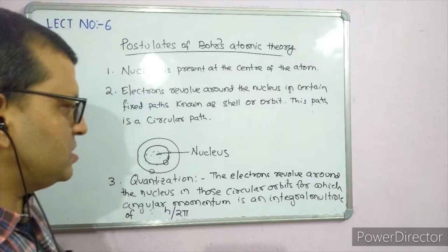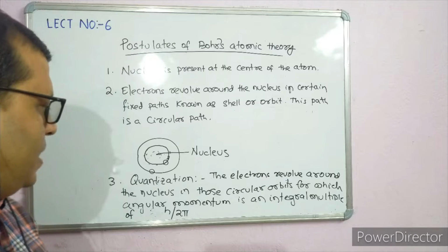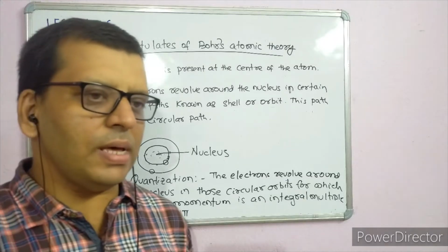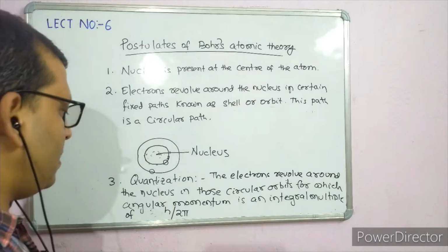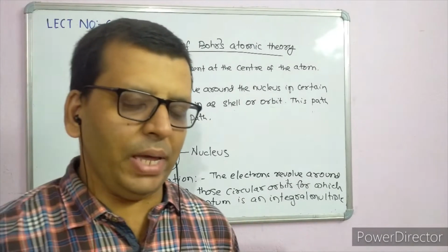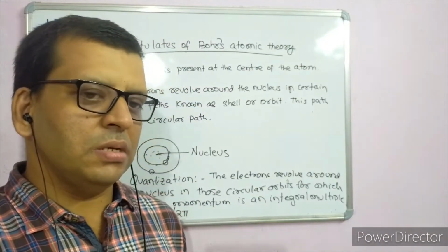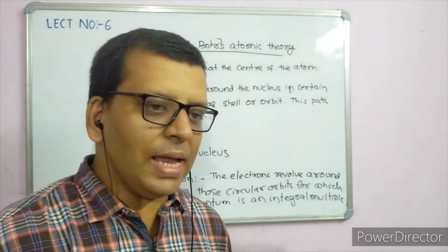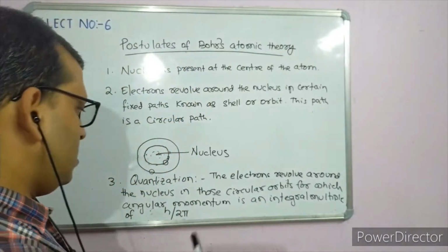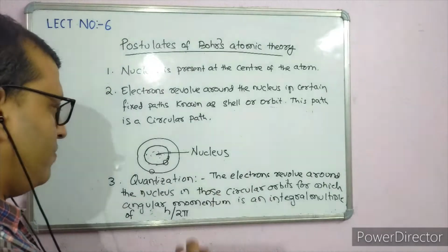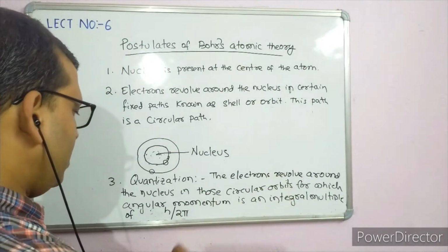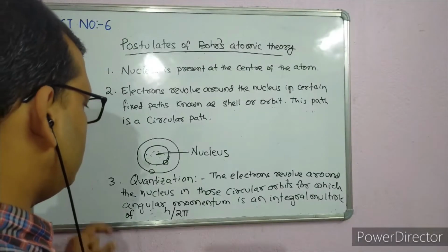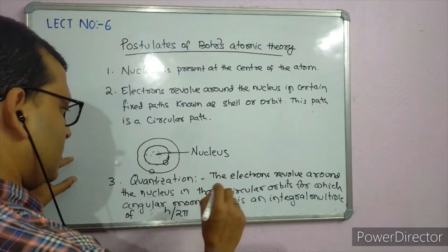The quantization theory says that the electrons revolve around the nucleus in those circular orbits for which angular momentum is an integral multiple of h by 2 pi. That means the electrons can revolve only in those circular orbits for which angular momentum is an integral multiple of h by 2 pi. So what does that indicate?